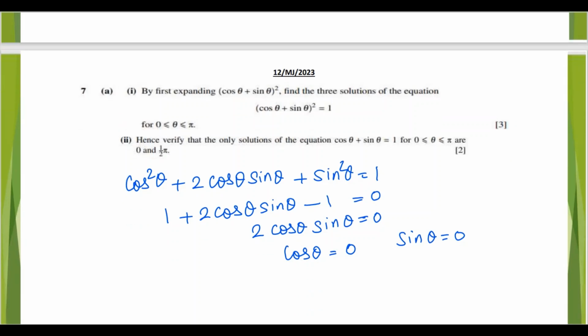And here it's given theta is between 0 and pi. Okay. So here theta is equal to, when cos theta is 0 means theta will be pi over 2. And sin theta is 0 when theta is 0 and pi.